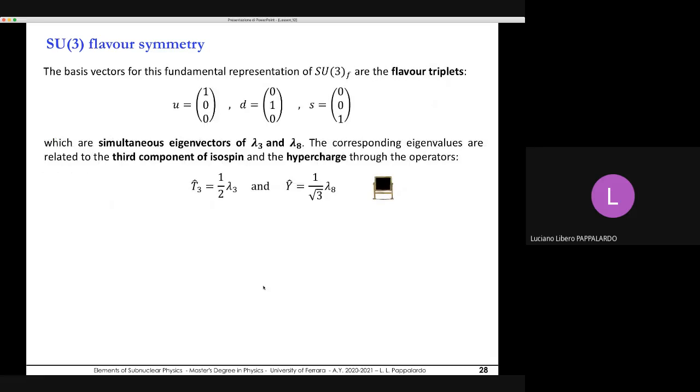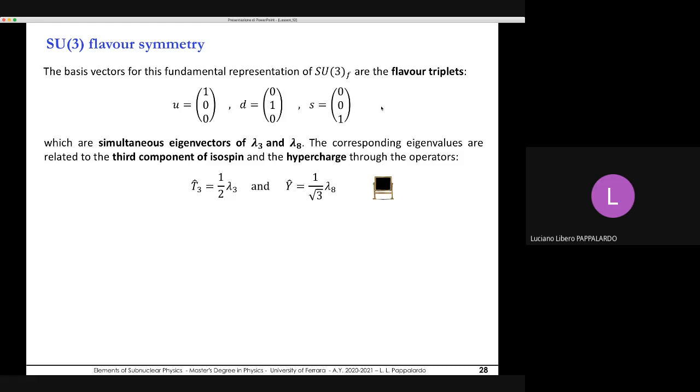Now, for the isospin, we defined two basis vectors, u as (1,0) and d as (0,1), if you remember. Of course, here we have an additional degree of freedom, so we need to introduce flavor triplets. These are the three eigenstates: (1,0,0) for the up, (0,1,0) for the down, and (0,0,1) for the strange quark.